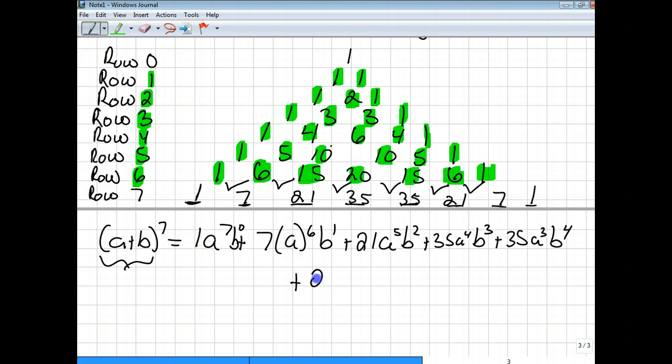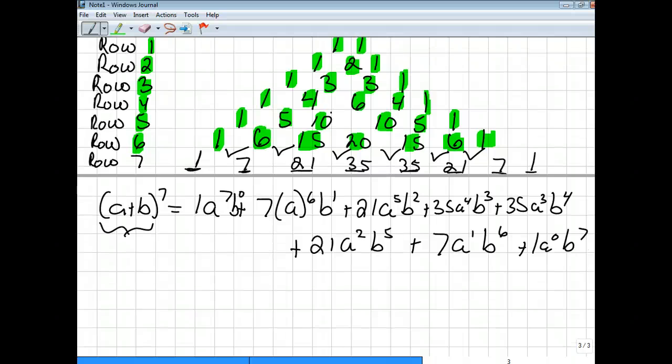The next one would be 21 a to the 2nd, b to the 5th, plus 7 a to the 1, b to the 6th, plus 1 a to the 0, b to the 7th. Okay? So if I actually multiplied this out 7 times, that's exactly what I would get. Right, so we can use that to expand binomials.